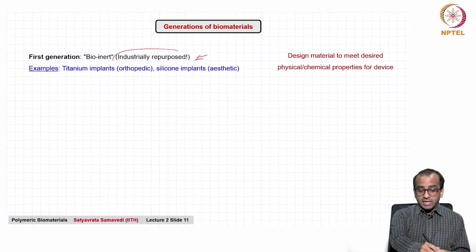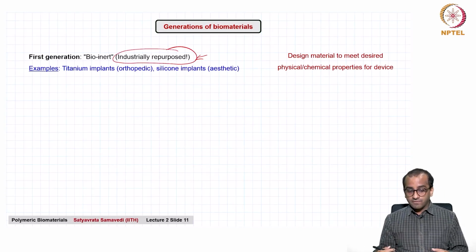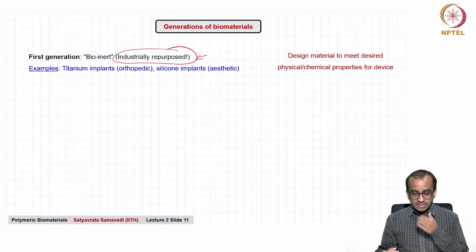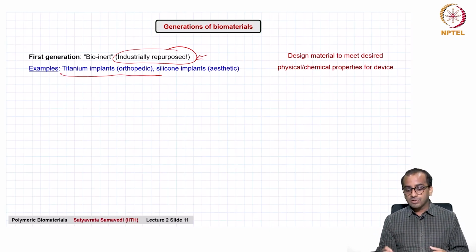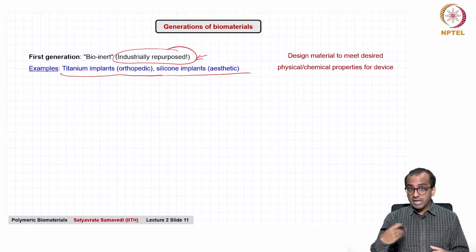These were largely industrially repurposed materials like we have seen in this lecture, and examples of that include titanium implants for orthopedic applications or silicone implants for aesthetic reconstruction. For example, post mastectomy, the tissue can be reconstructed using these silicone implants.